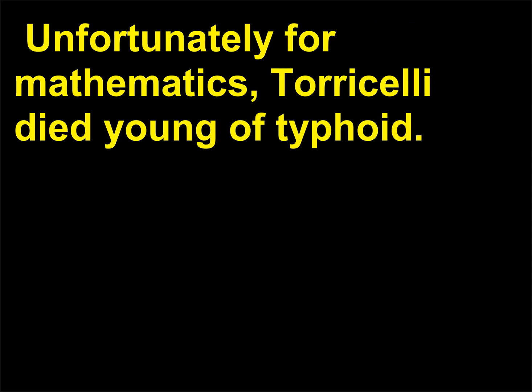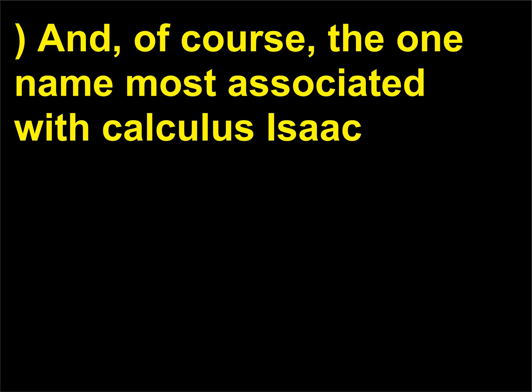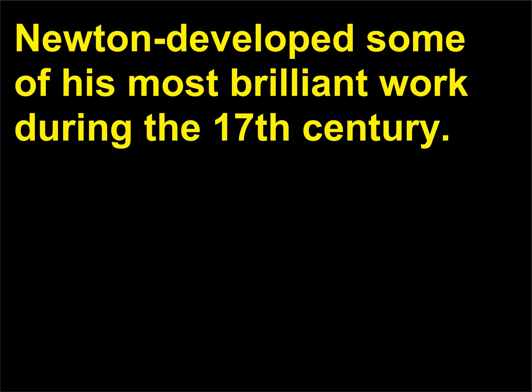Unfortunately for mathematics, Torricelli died young of typhoid. And, of course, the one name most associated with calculus, Isaac Newton, developed some of his most brilliant work during the 17th century.